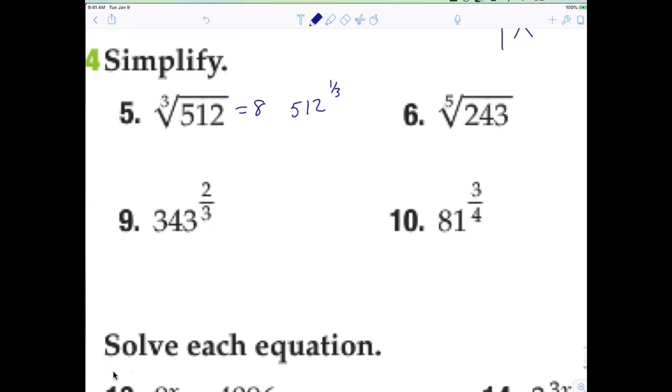The caret button is this button right here. You get the same thing. That's what I'm trying to show you. There's definitely options. The caret raises it to the power. You get 8 again. So there's multiple ways of doing this.